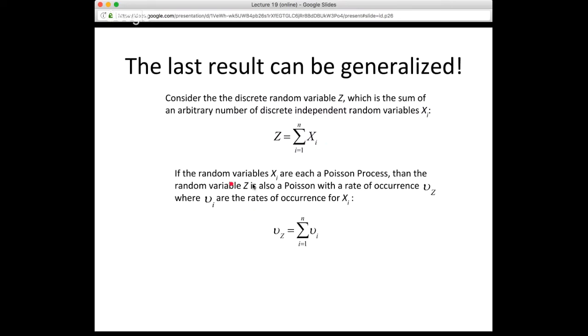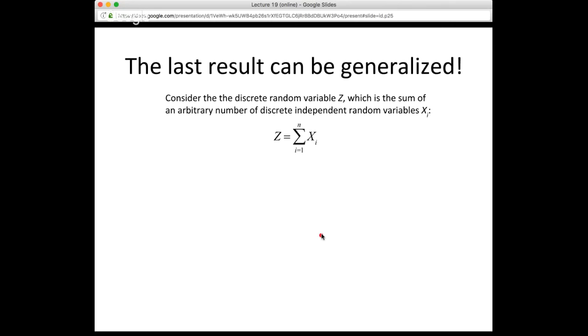Then it turns out that if each x_i is a Poisson process, then the random variable z is also a Poisson process with a rate of occurrence nu_z, which is just equal to the sum of all the occurrence rates nu_i for the individual independent random variables on the right-hand side.